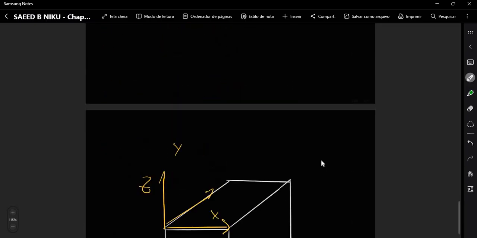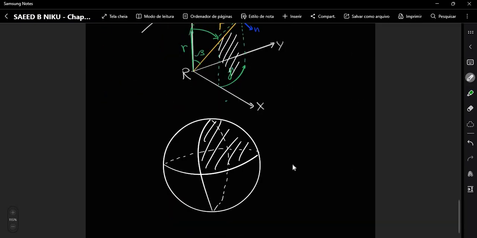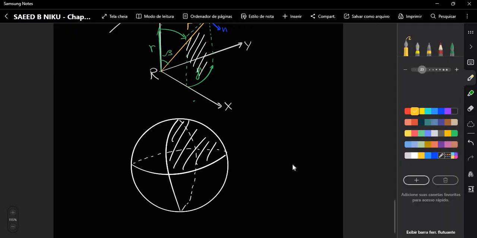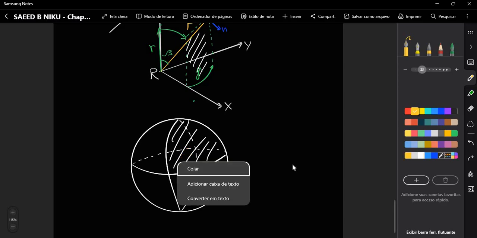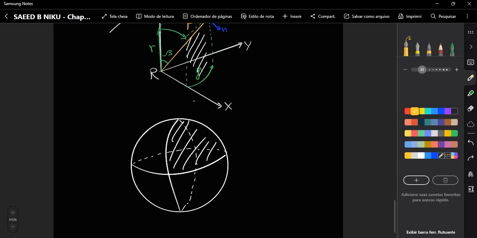And I draw this sphere because, as you can see, now we can have a vector, and let's say it is on the center of this sphere. So it can be pointing to here, to here, to here, to any point.